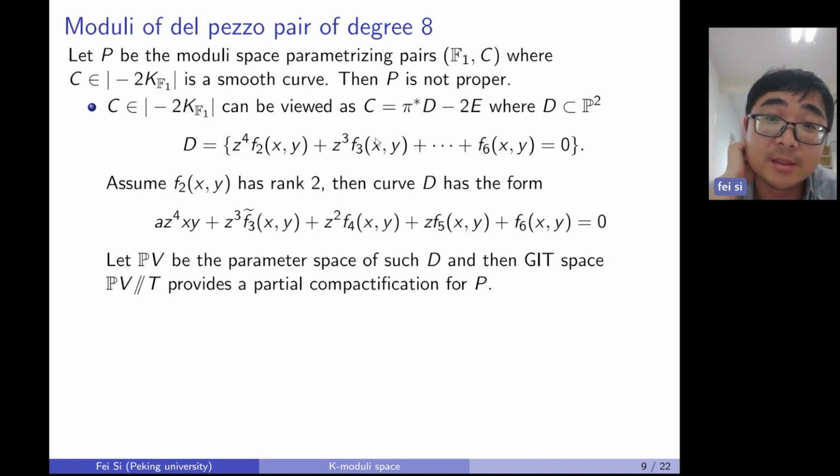The first one is that we will have a GIT compactification for this space P, but we need to modify this GIT compactification because the automorphism group of F1 is not a reductive group.